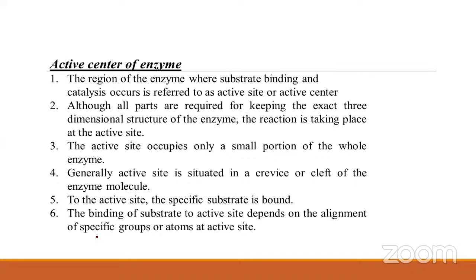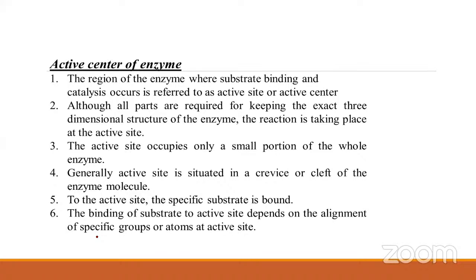That part of the enzyme is known as the active site or the active center. Almost all parts are required for maintaining the three-dimensional structure of the enzyme, but the reaction takes place only at the active site, which occupies only a small portion of the whole enzyme. It will be hidden, situated in a crevice or a cleft of the enzyme molecule.